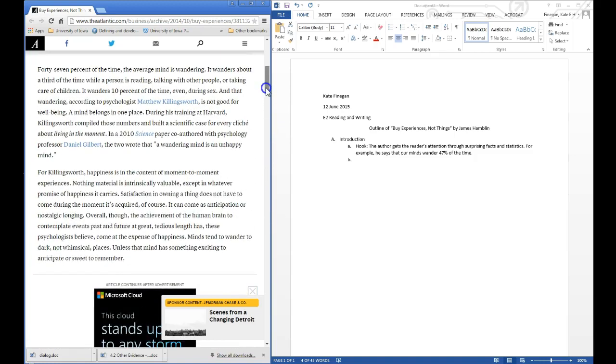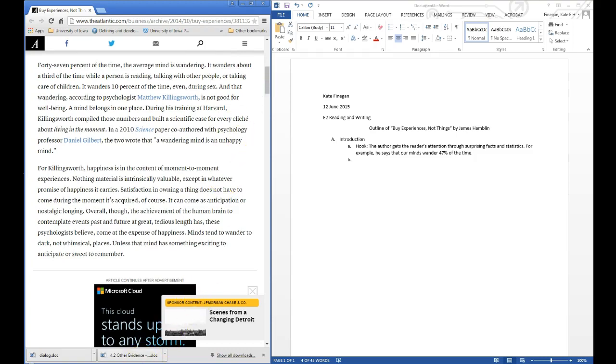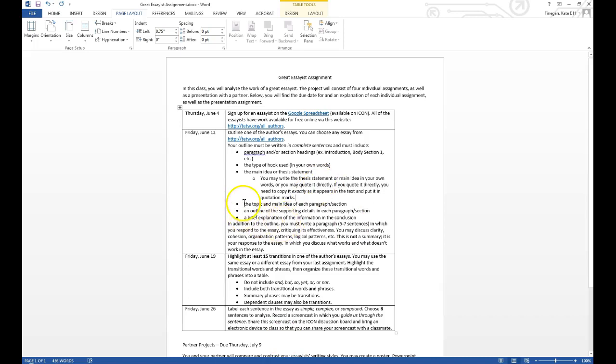So the thesis statement or main idea may not be in the first paragraph, okay? And here it says that you should include the topic and main idea of each paragraph or section.